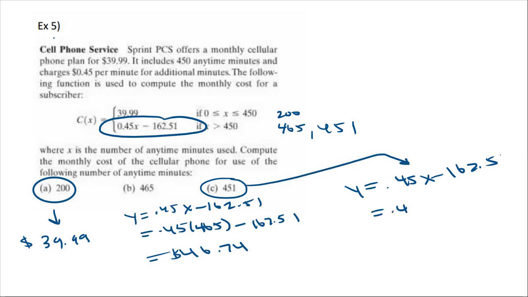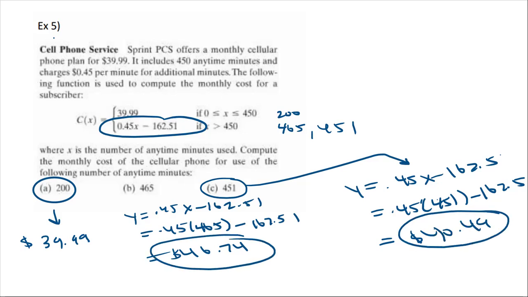So we're going to have 0.45 times 451 minus 162.51. When we do that, we get $40.49. Okay. All right. Any questions there?